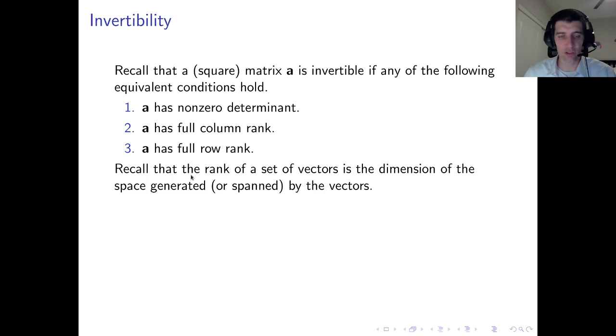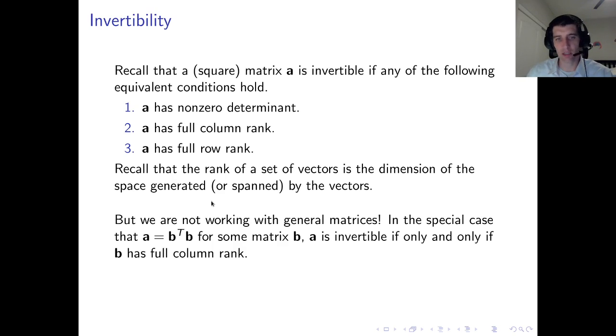The rank of a set of vectors is the dimension of the space generated by all linear combinations of its vectors. And for us, we care about the invertibility of this matrix x transpose x, right? For a special case where A is B transpose B for some matrix B, we care about x transpose x for our design matrix X. This matrix is invertible if and only if the matrix has full column rank.